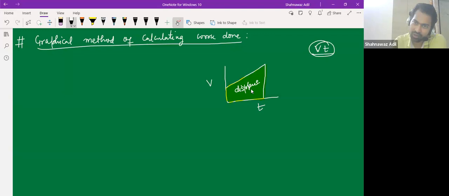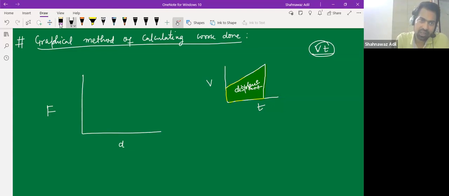Similarly, if we have a force and displacement graph, let me write it as x, and let's say the force is varying like this. If I calculate the area under this graph, what will it give?